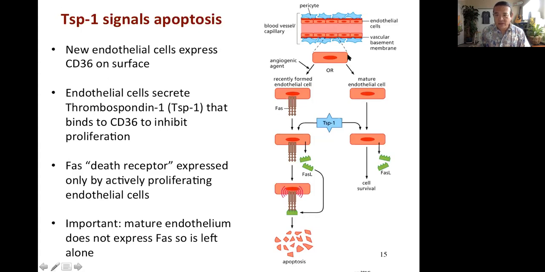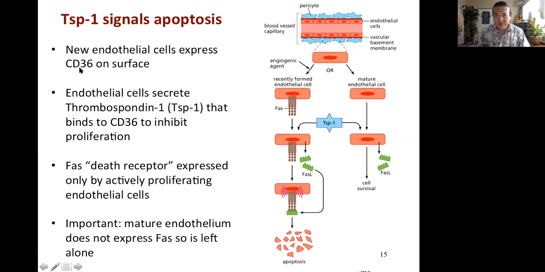If you look at one of these mature endothelial cells, this mature endothelial cell is just doing its job as being part of the wall of the capillary. Somewhere at the very end of the capillary, you might find you have newer endothelial cells that are growing. So a recently formed endothelial cell, like you might find closer to the tip of the end of a growing capillary that's maybe growing towards a wound in response to VEGF or something like that, they will express certain receptors.